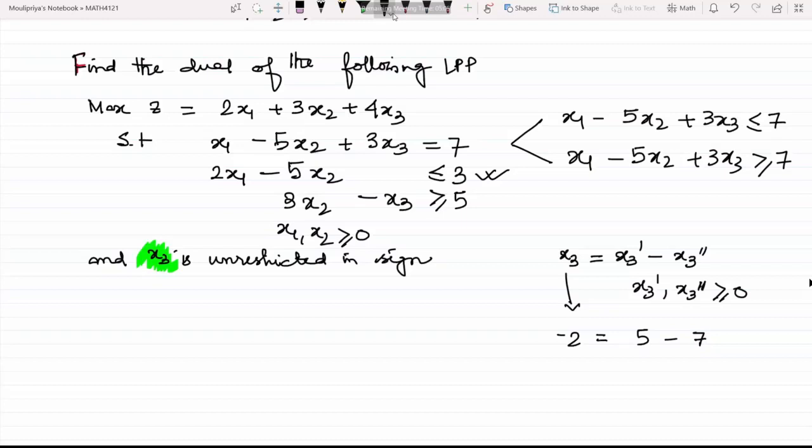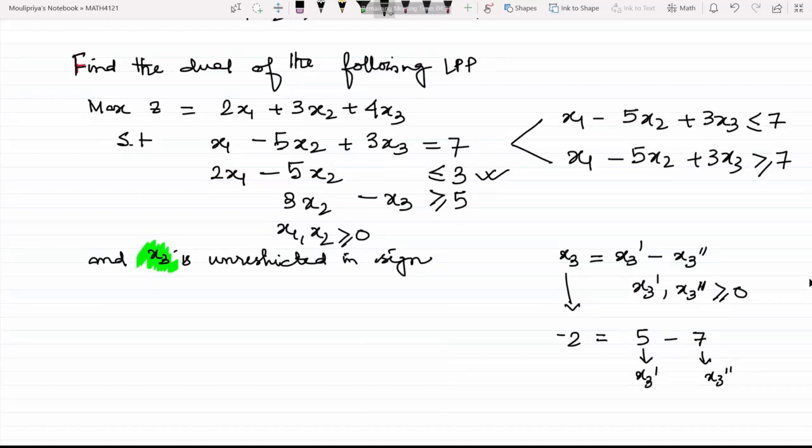If x3 is positive, no problem with that, but if x3 is negative, even a negative number can be written as the difference of two positive numbers. If the x3 value is -2, I can write it as 5 minus 7, where 5 can be my x3 dash, 7 can be my x3 double dash.